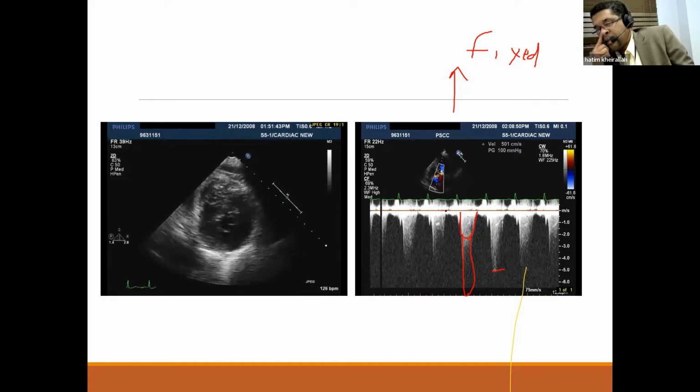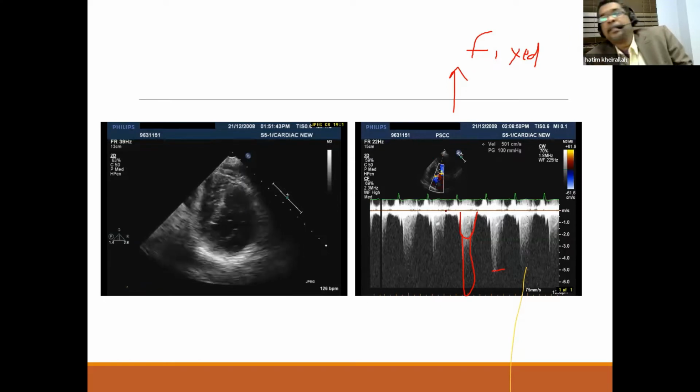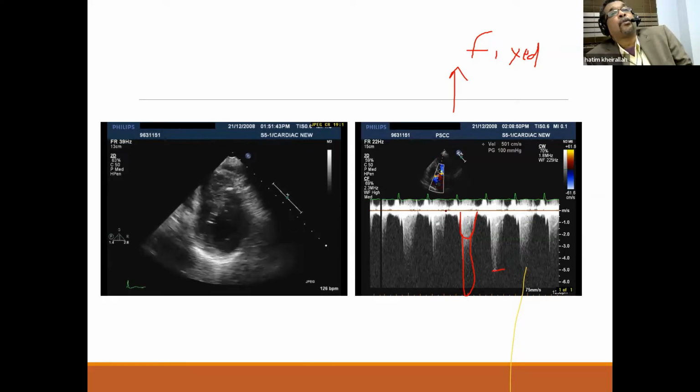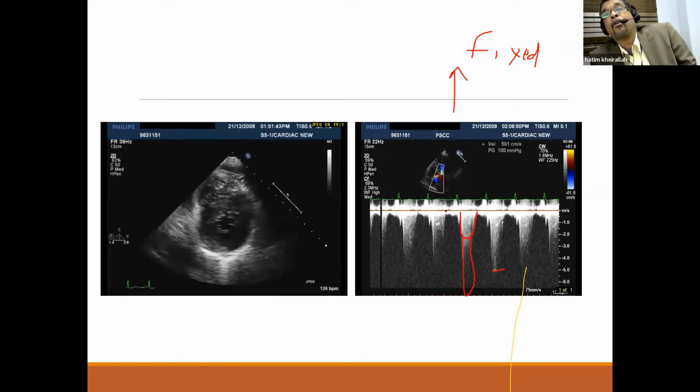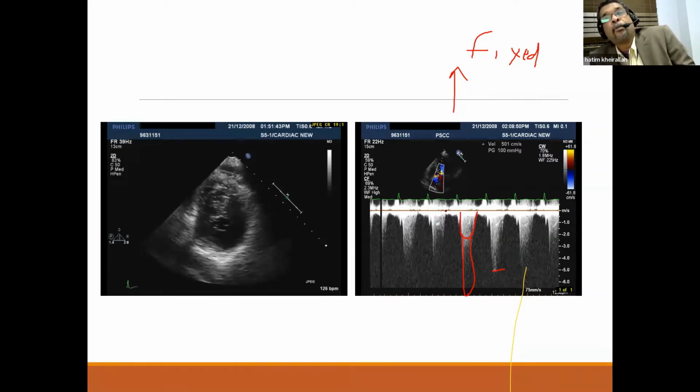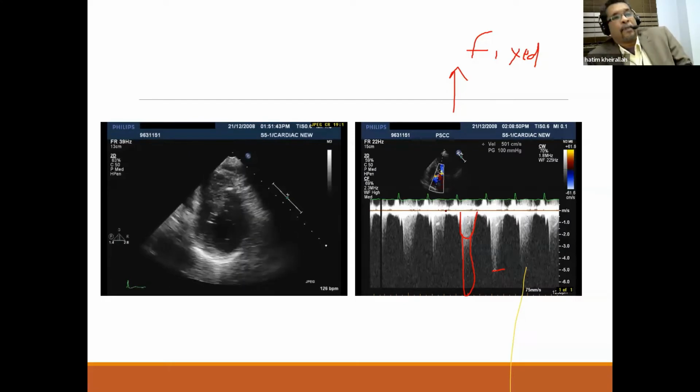What I mean is, you have to interrogate multiple windows, okay? Sometimes you even have to tell the patient to turn to the right side and go for the right parasternal. You have to go suprasternal and stuff like that. You use the Pedoff probe, the non-imaging probe, and all of that, okay?